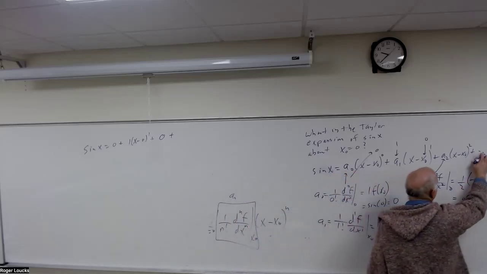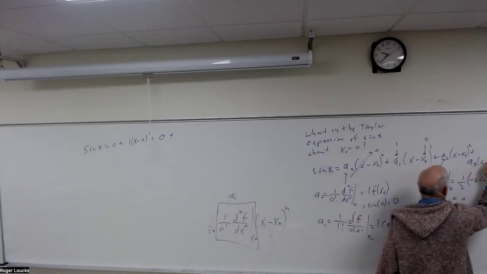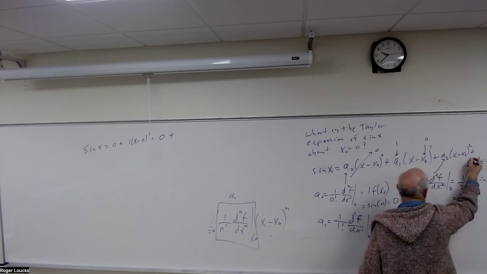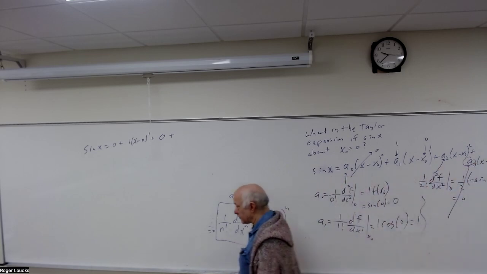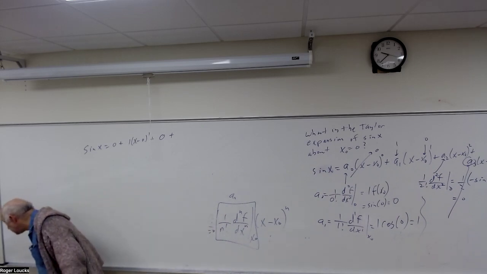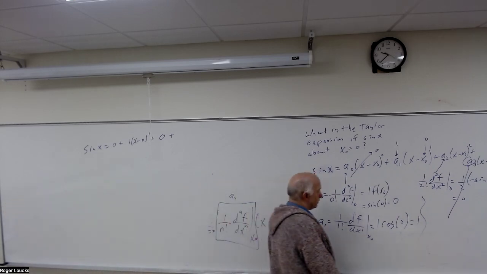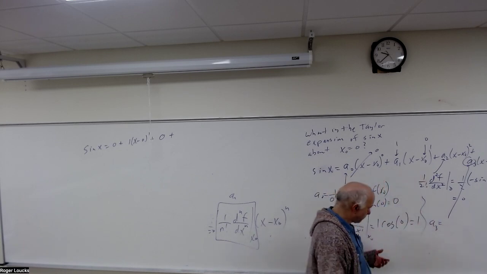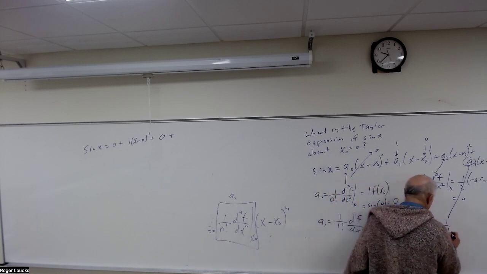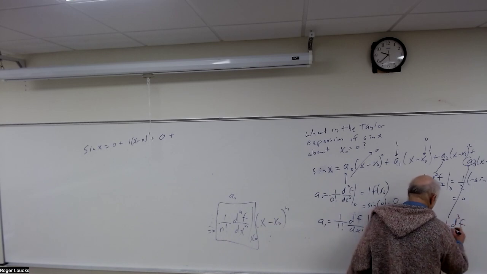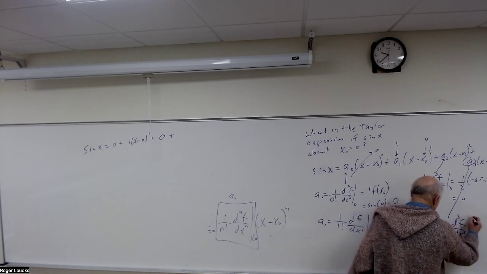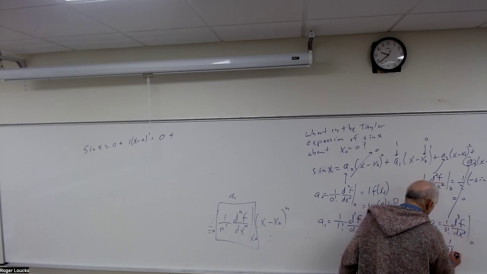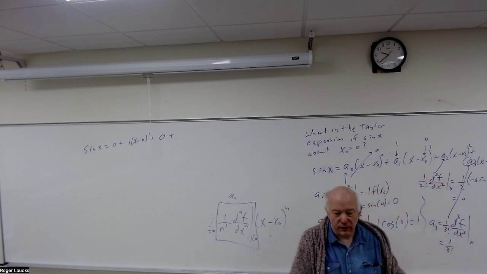The third term would be a3 times x minus x naught cubed. Let me check to make certain that this is still on that board. It is. Good. So my a3 is 1 over 3 factorial, third derivative of that, evaluated at 0. What is the third derivative of sine of x?